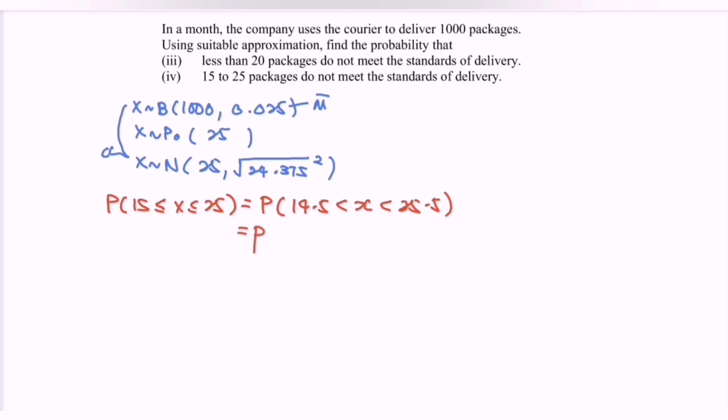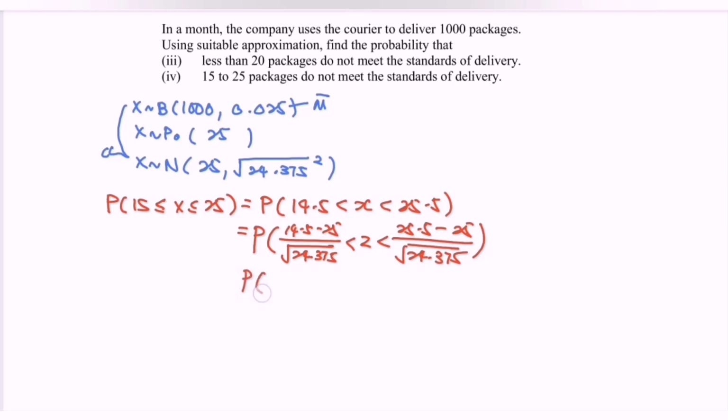Next, standardize. 14.5 minus 25 over the square root of 24.375. The same goes for the other part: 25.5 minus 25 over the square root of 24.375. After we simplify, we will have the probability that Z is greater than negative 2.13 and less than 0.1.